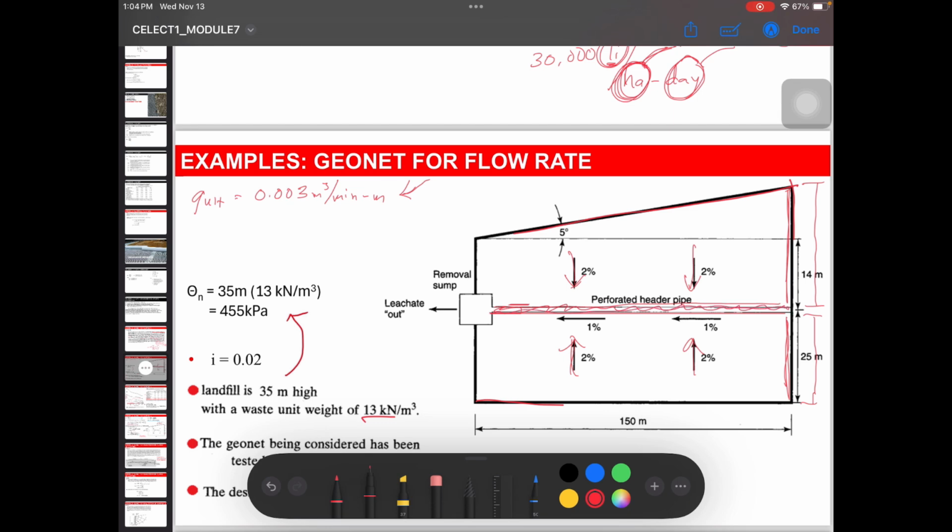So na-divide siya sa 2. So yung upper part, iba yung width niya kasi meron siyang inclination na 5 degrees. So this one, hindi mo alam yung length niya. And this one is 25. So, baka mas mahaba to. So, you need to use this kung mas mahaba to, dahil ito yung critical na width. Mas malaking width siya, diba?